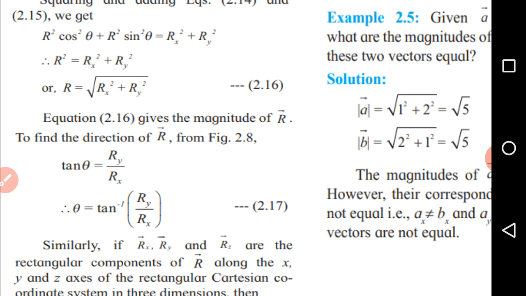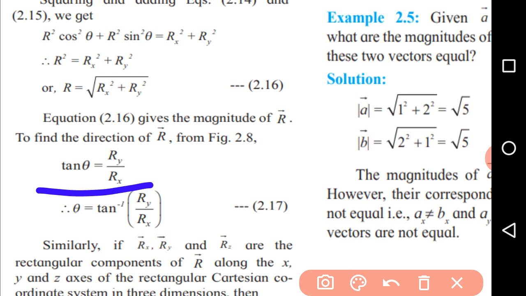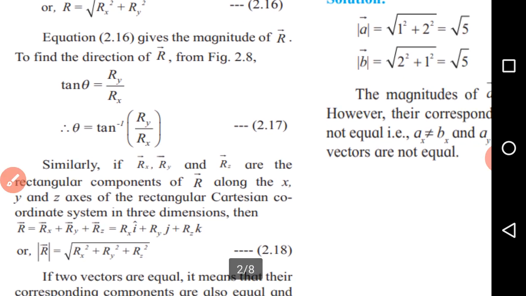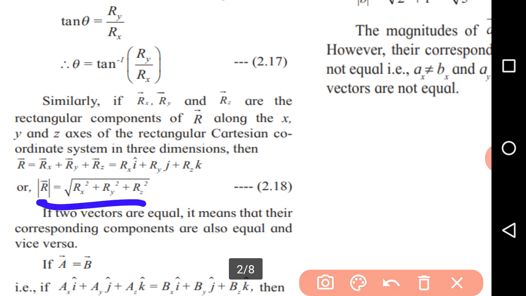So this is the magnitude of vector R for rectangular components. And if you want to find out the direction of R, then you will take the ratio for tan theta, that is Ry by Rx, and theta is equal to tan inverse of Ry by Rx. Now if you have three components, then the magnitude of vector R is equal to root of Rx square plus Ry square plus Rz square.